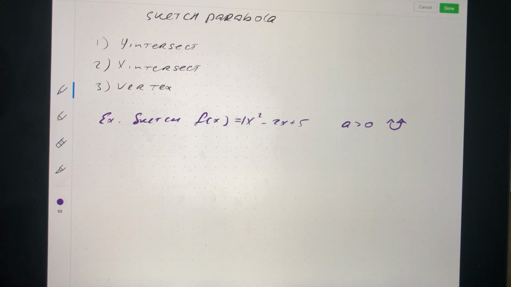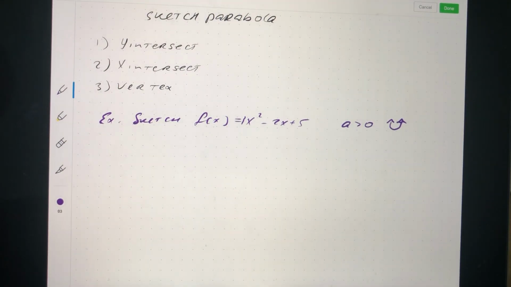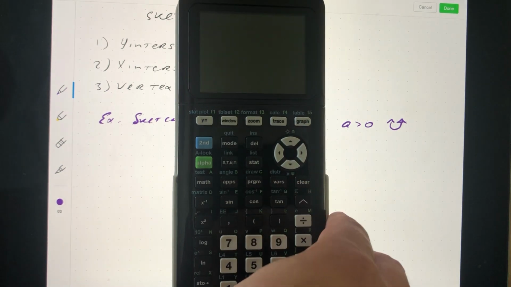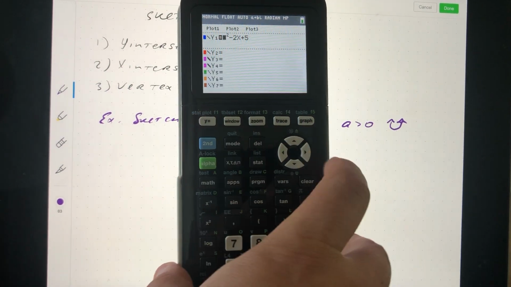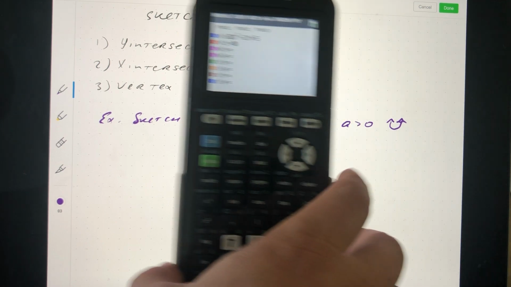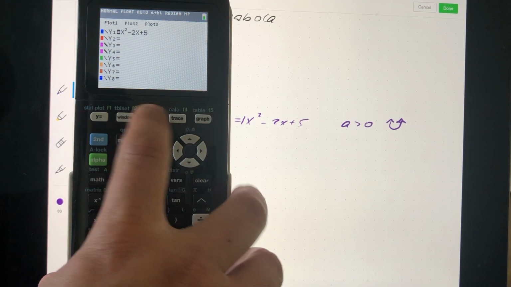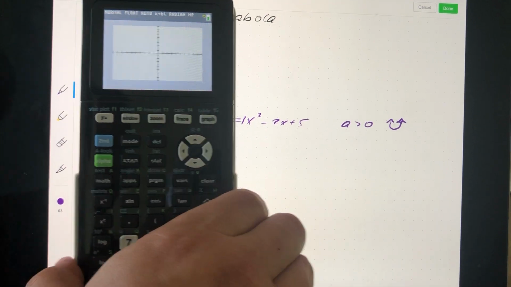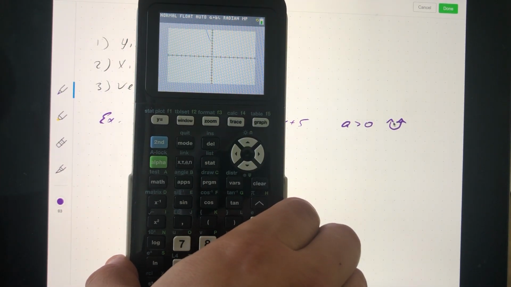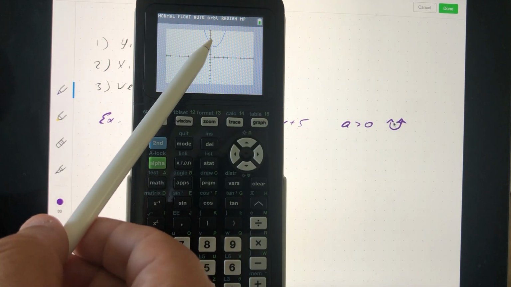Now, before we fill in the information for all of these data points, let's have a look at the calculator to get an educated guess. So here is the equation already typed in: x squared minus 2x plus 5. It's the same equation. Now let's look at the picture. We can see that it will have a y-intercept.